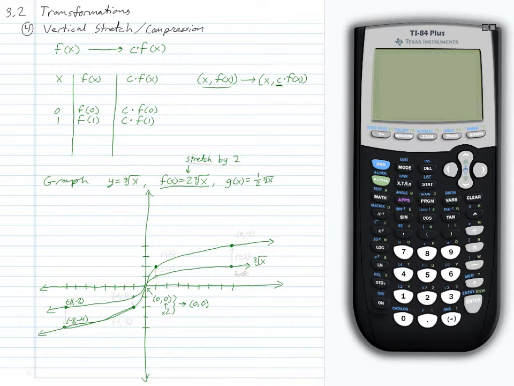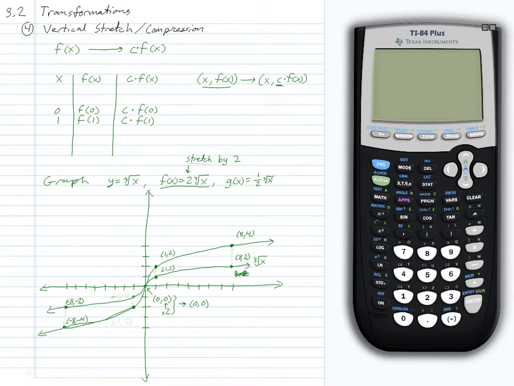And we can see how this differs from the vertical and horizontal shifts. I haven't moved my points uniformly. I haven't moved everything up or down. I have stretched every point relative to the point that I'm basing it off of. So 8, 2 becomes stretched to a height of 4. 1, 1 is stretched to a height of 2.